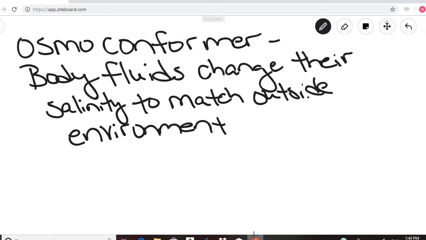So in an estuary, their salinity changes often because the salinity of the water changes often.